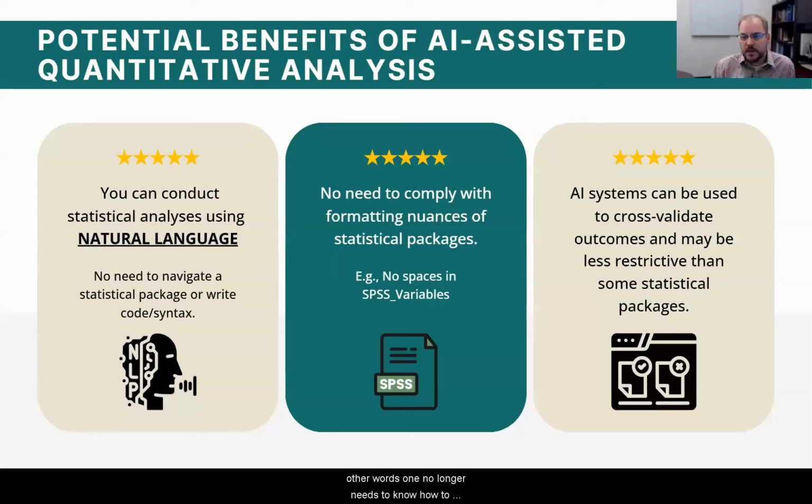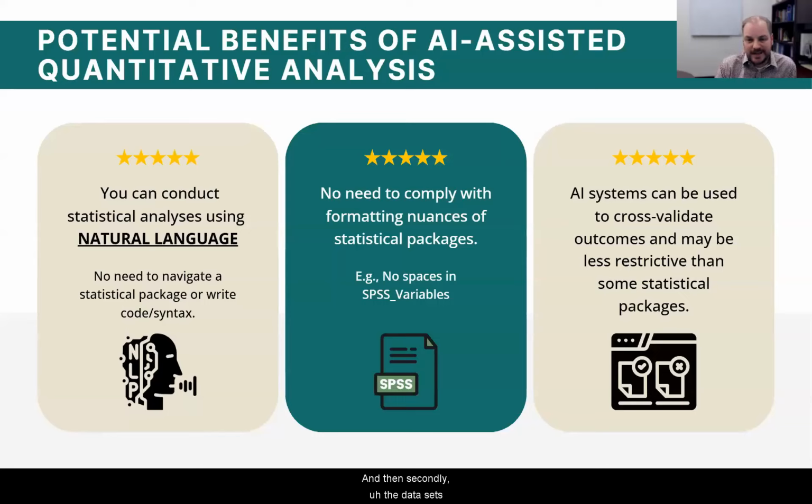In other words, one no longer needs to know how to navigate statistical software packages, and there's no longer a need to write any code or syntax. I think students in particular are going to find this most appealing, because they don't have to learn a stats system anymore. They can just use natural language to query the AI systems to pull out the outcomes they're looking for.